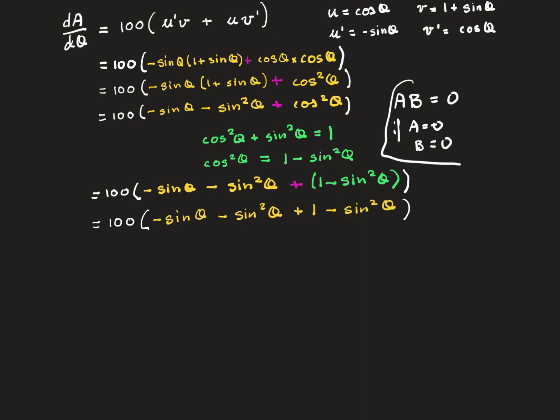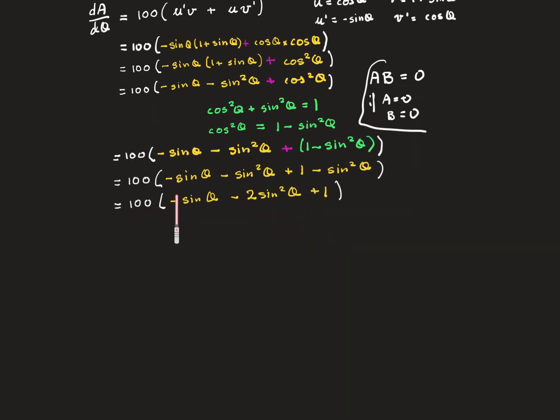Okay, now minus sine squared theta and minus sine squared theta can now be added together so that I'm left with minus sine theta minus 2 sine squared theta plus 1.